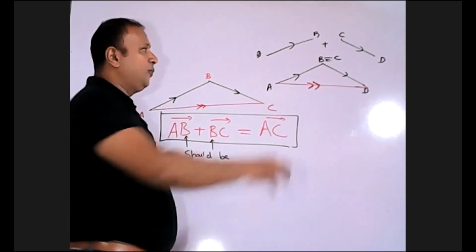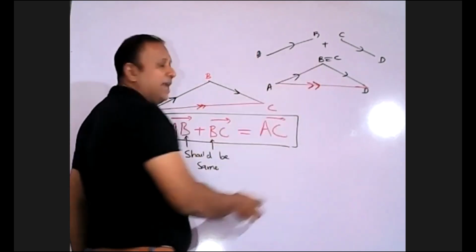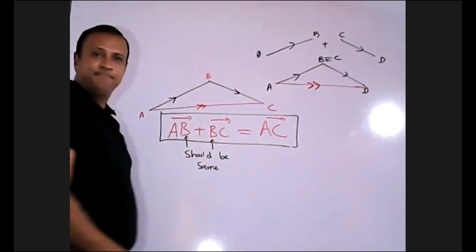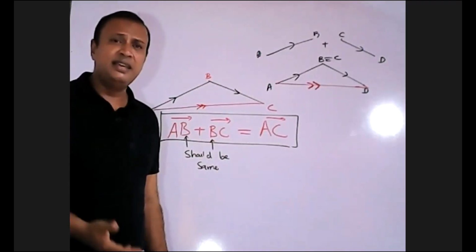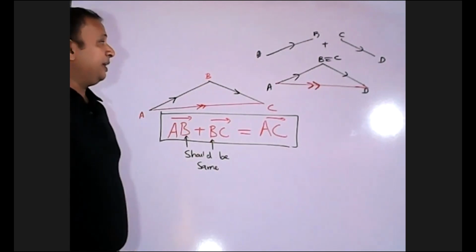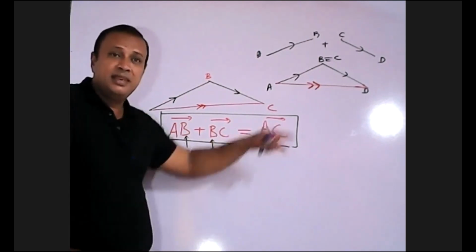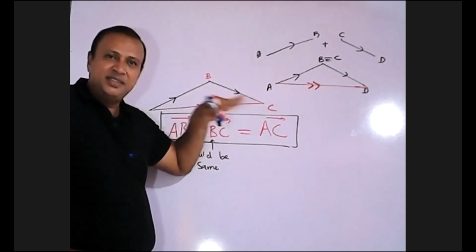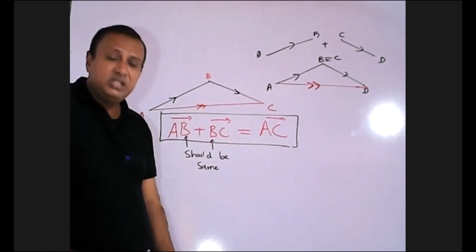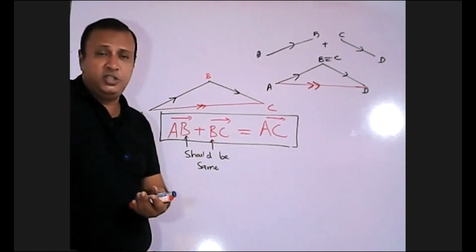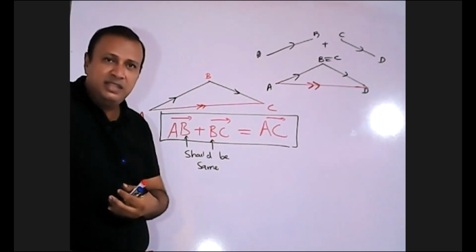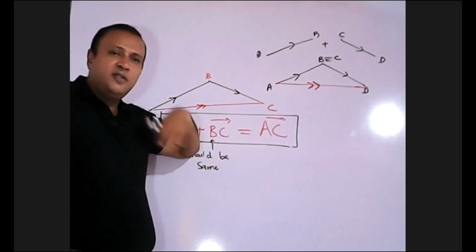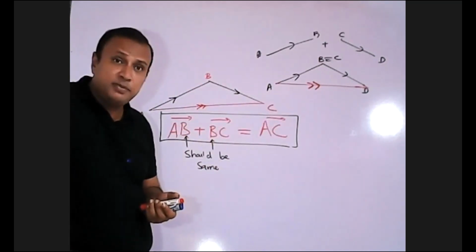If you add two vectors, you will have a triangle. This result is developed as a methodology. That is the only thing they did. This result is developed as a methodology, vector triangle principle.